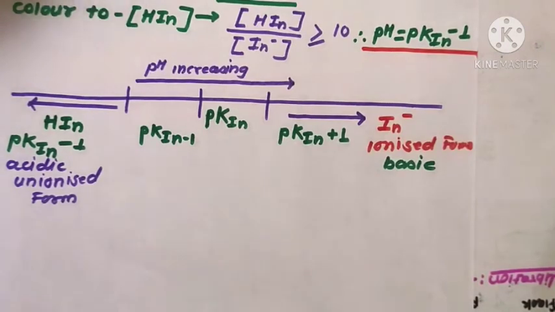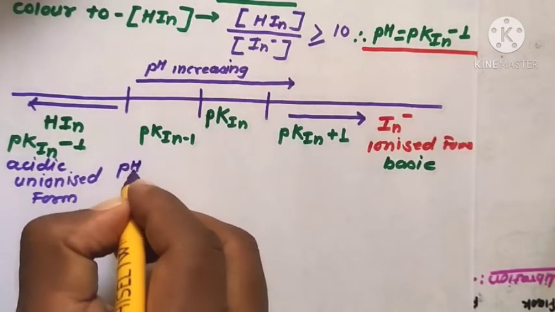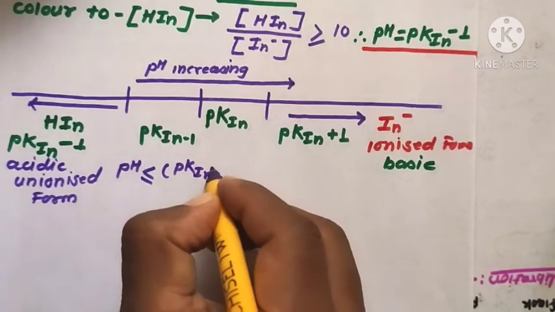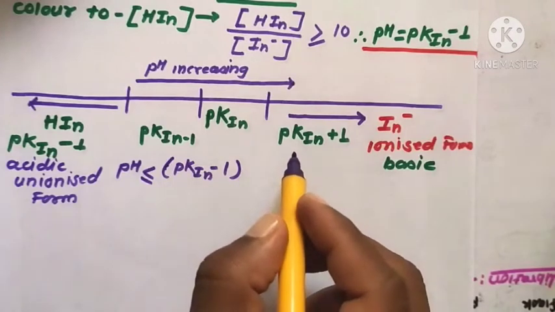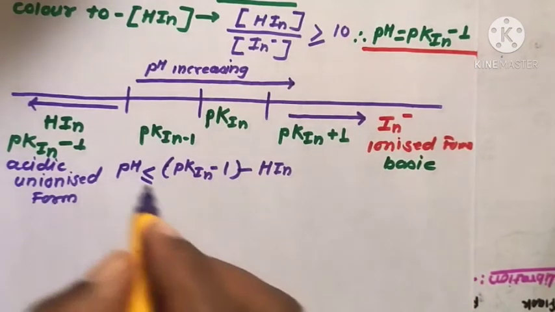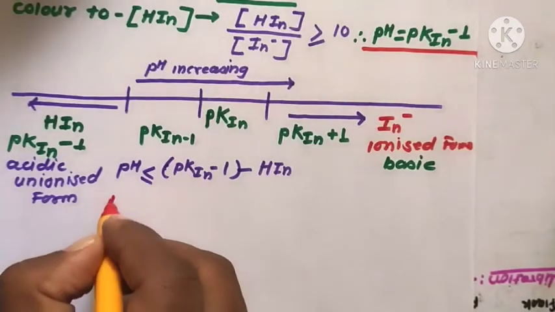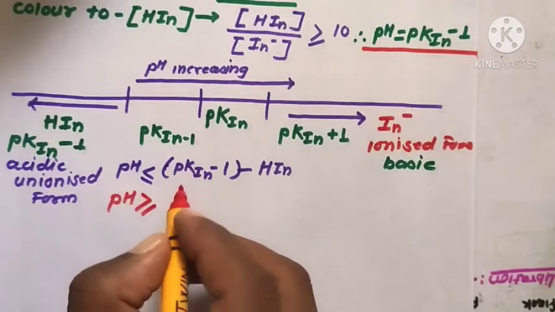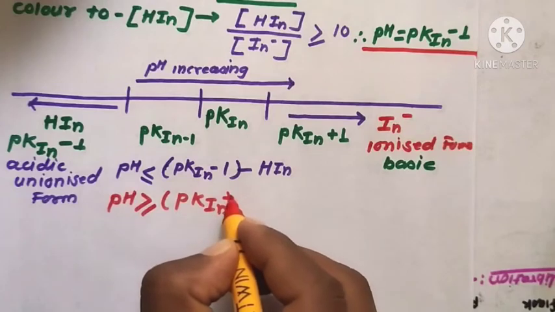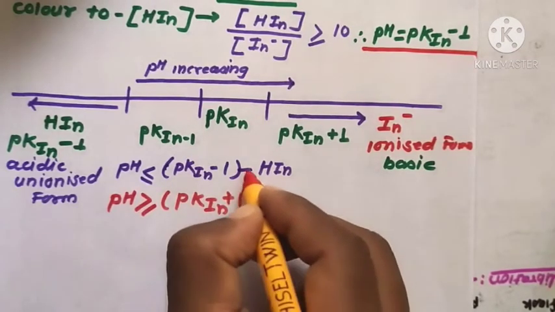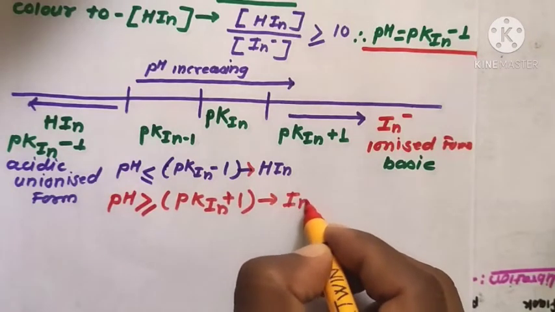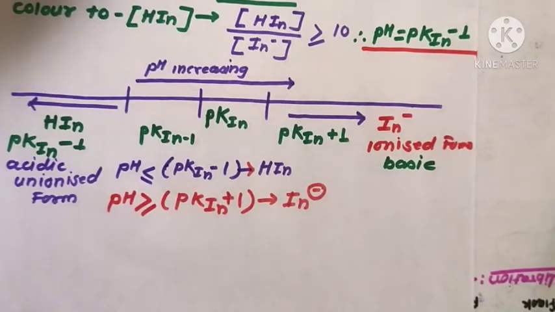Therefore, the conclusion of the above diagram is that for pH equal to or less than pKin minus 1, the color of the solution due to the unionized acidic form, HIn, will be observed, and for pH greater than or equal to pKin plus 1, the color due to the ionized basic or In minus form will be observed.